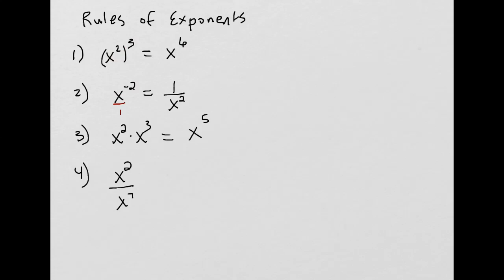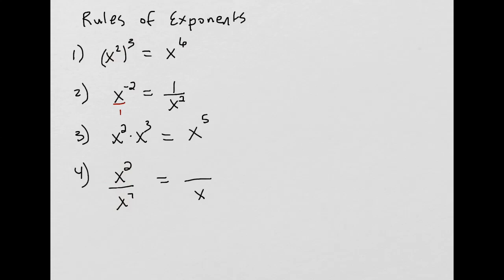And then the last one deals with dividing by like bases. If I'm dividing by like bases, I'm going to subtract my exponents. You'll notice here that I have more factors of x on the bottom than I have on the top. So when I do my subtraction, I know I'm going to be left over with factors of x on the bottom.